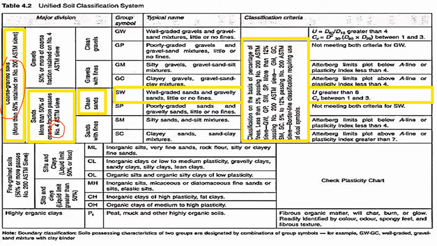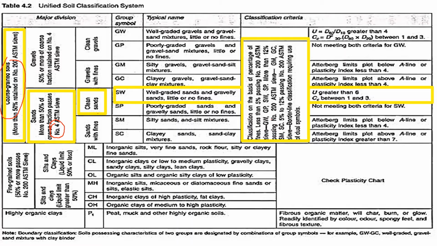Then classification on the basis of percentage of fines: less than 5% passing number 200 ASTM sieve gives GW, GP, SW, SP. Since it is 0.2%, it is obviously less than 5%. So the soil category can be well graded gravel, poorly graded gravel, well graded sand, or poorly graded sand.